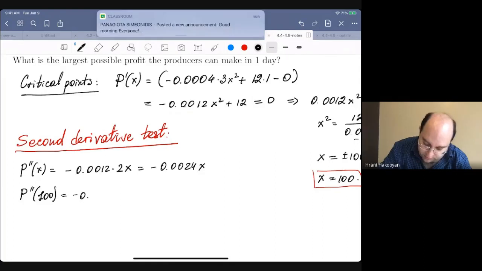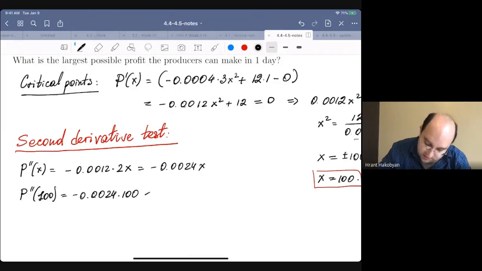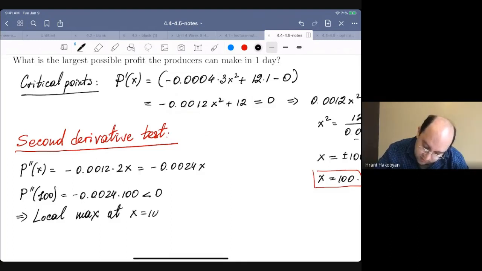Minus 0.0024 times 100, whatever it is, it's a negative number. So that means I have a local maximum at that point, x equals 100.